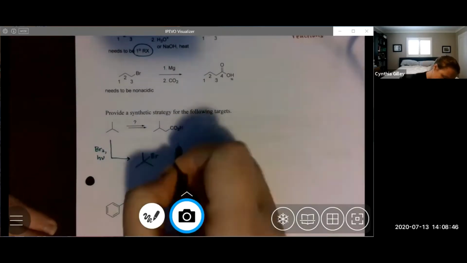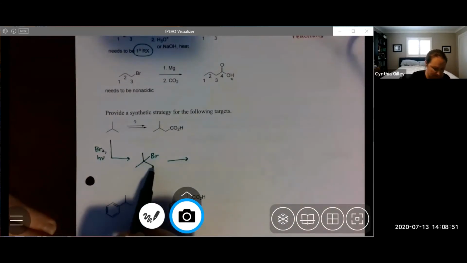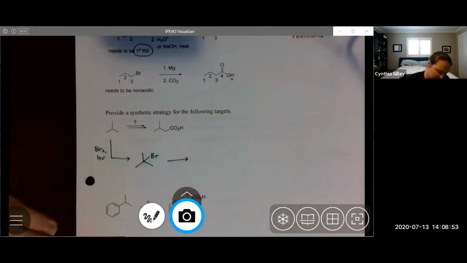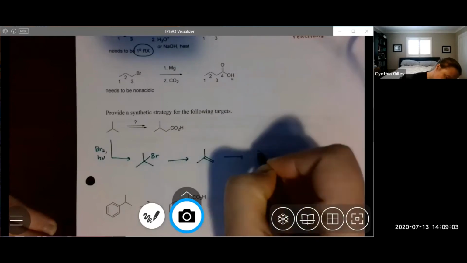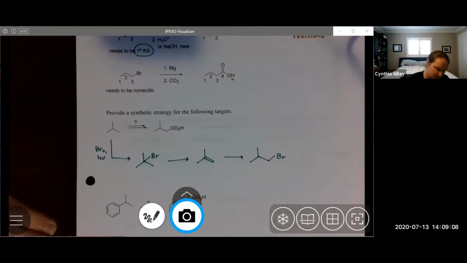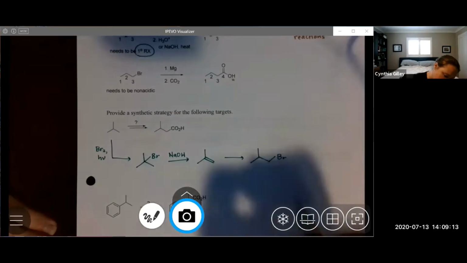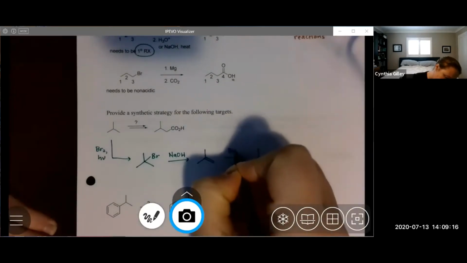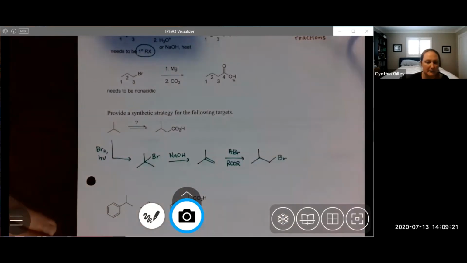And now we probably want to get the halogen over onto this carbon so we can make the carboxylic acid. So we need a series of elimination and addition reactions in order to move that halogen's position on the carbon backbone. So elimination and then addition. So to do this, you need a strong base to do an E2 reaction, followed by the addition of HBr, and then anti-Markovnikov fashion, adding the peroxide there.